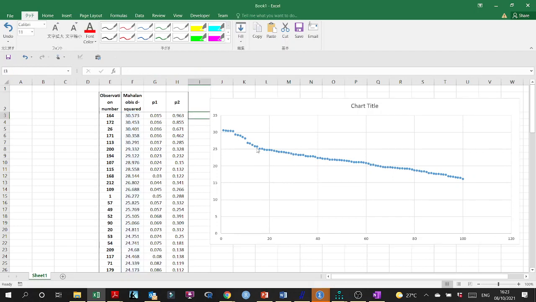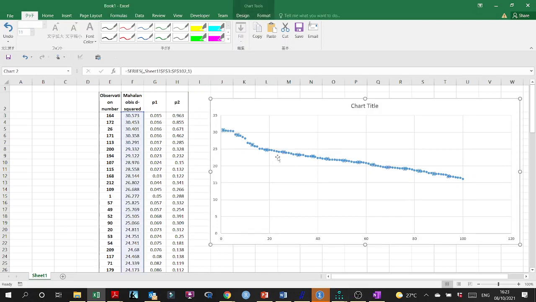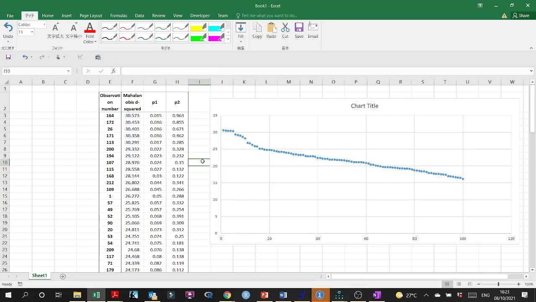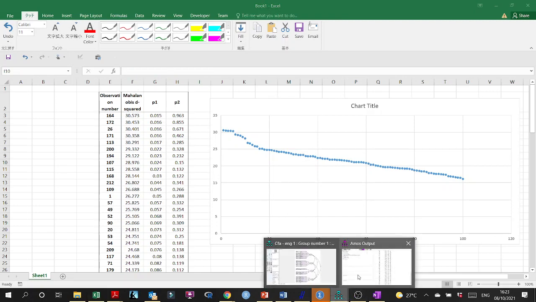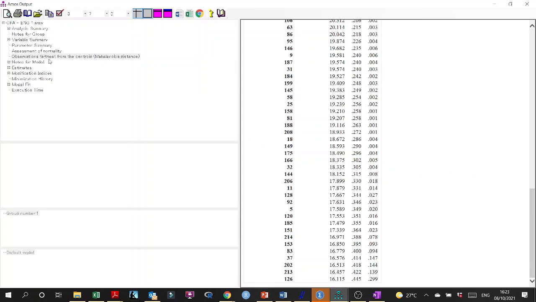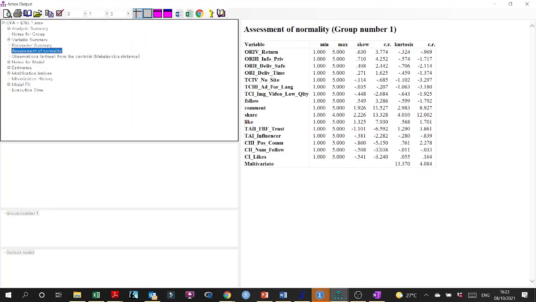It's a very difficult decision, really. If I get rid of these guys, they're not very influential in terms of probably giving me very fantastic results here in the assessment of normality. Also, I can see that some of the values here, I probably need to also monitor if some of the values here in the kurtosis and in the skewness are getting worse rather than getting better.